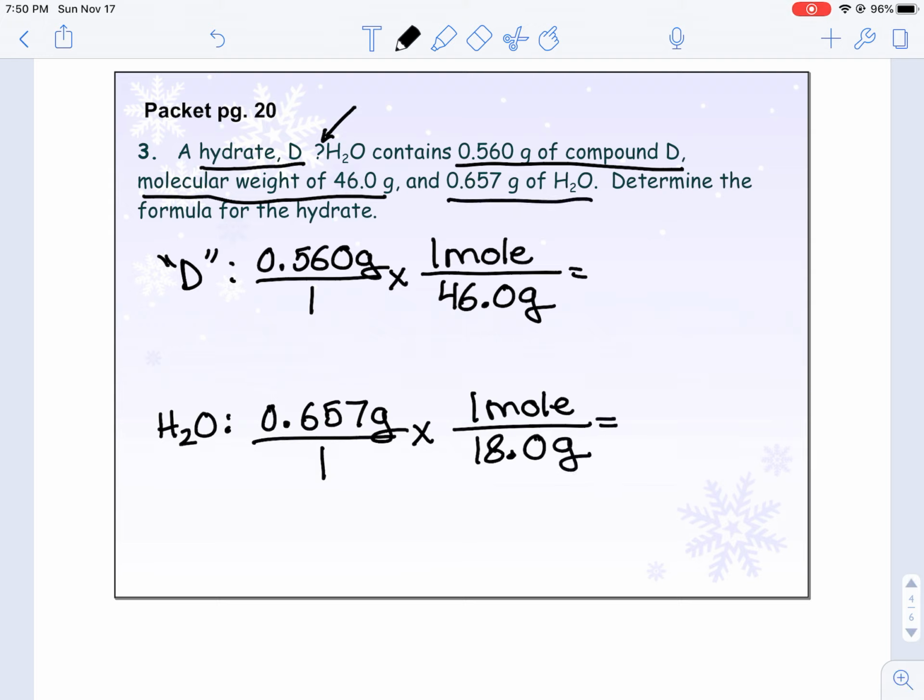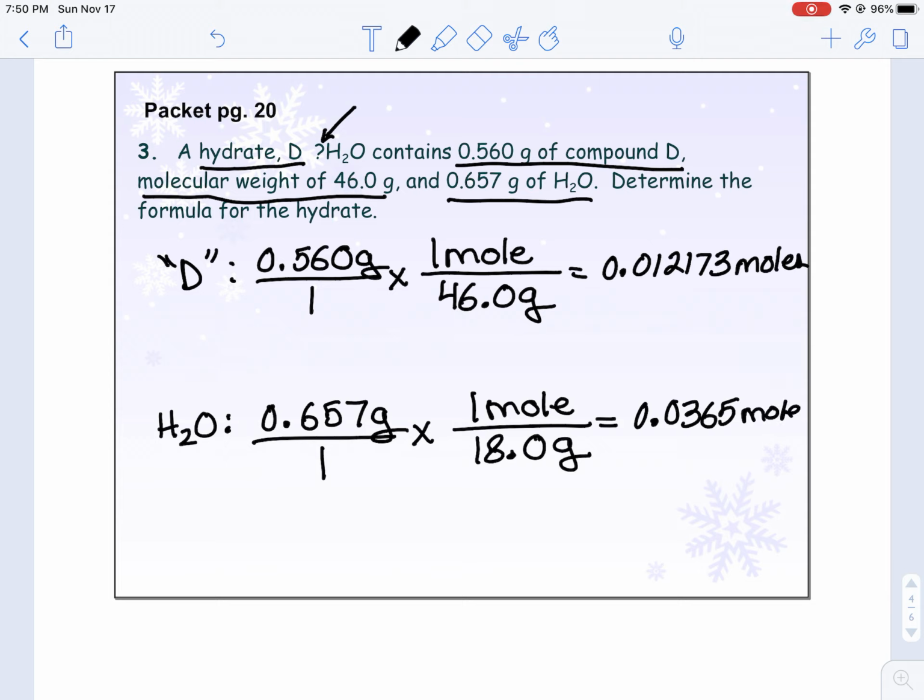So you're also given the mass of water in the problem. Just like with the empirical formula problems, I don't want you to round to sig figs. You're going to keep 4 or 5 decimal places on your mole answer if possible.